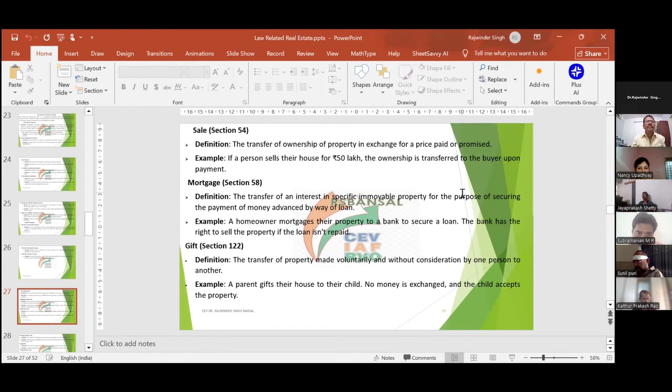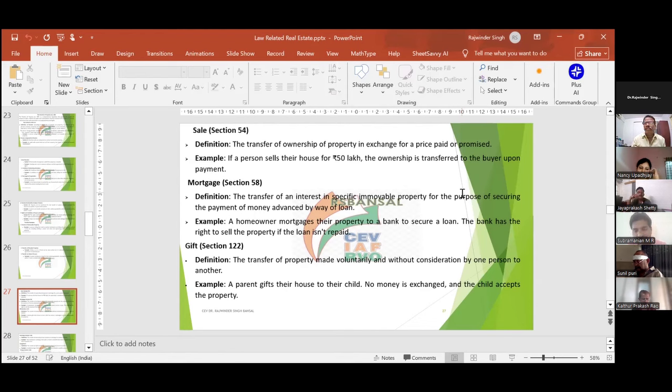It means transfer of ownership of the property in exchange for a price paid or promised. So it may be paid at the time of transfer or it may be promised after a certain period of time. For example, a person sells their house for 50 lakh. The ownership is transferred to the buyer on payment of rupees 50 lakh.